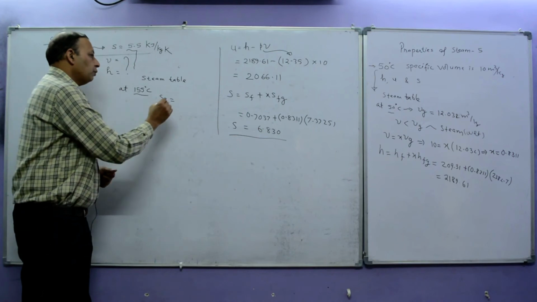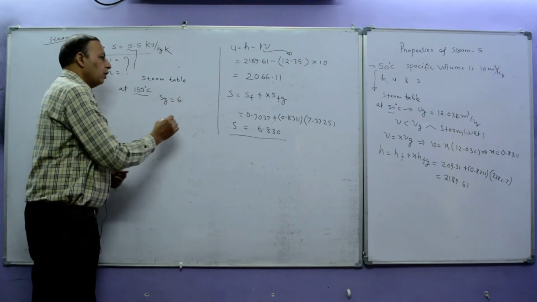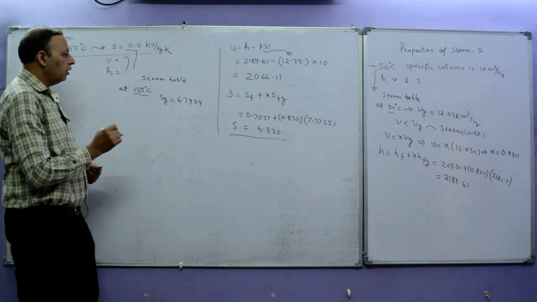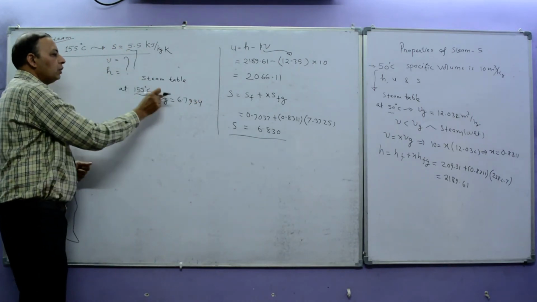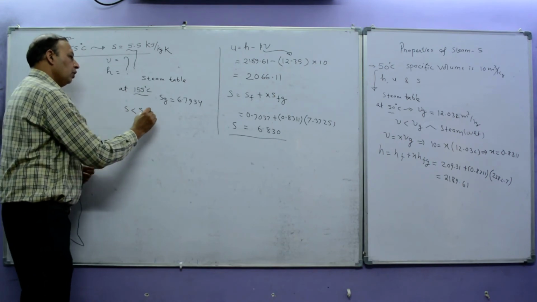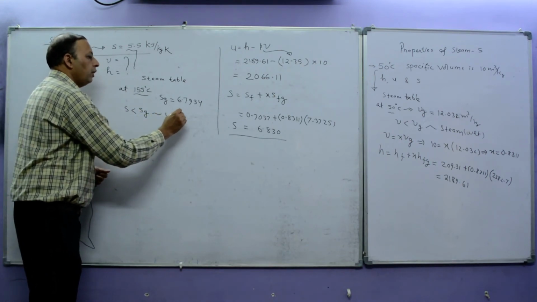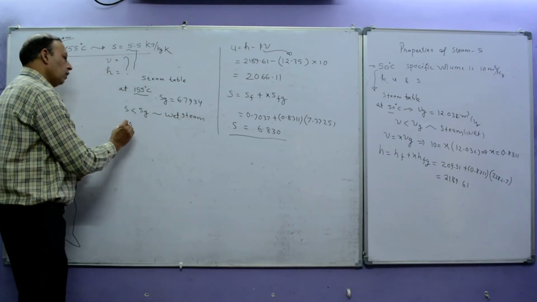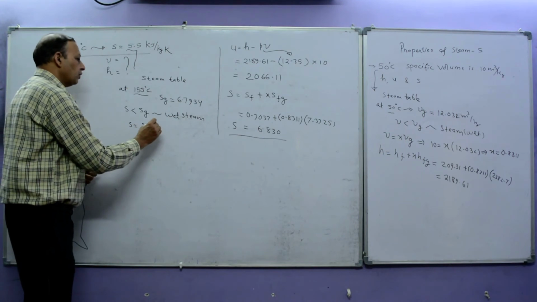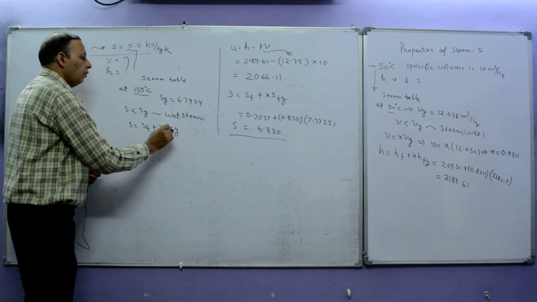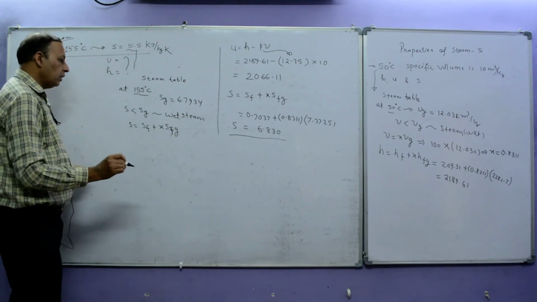So, corresponding value of Sg from steam table is 6.7934. The process is same. We will compare these two values. Here S is less than Sg, so steam is wet steam.